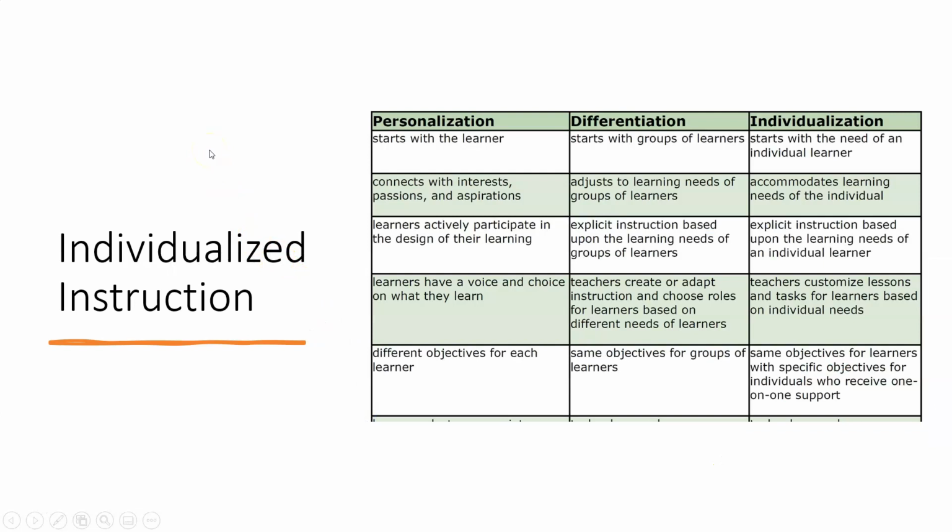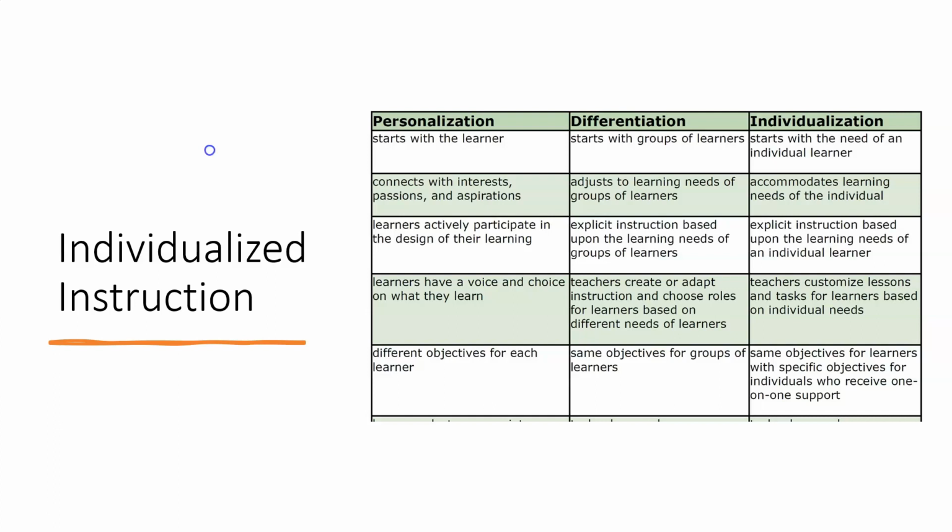Kathy McClaskey and Barbara Bray talk a lot about personalized learning, differentiated instruction, and individualization. Let's just take a few minutes to look at some similarities and differences. Individualized learning is similar to personalized learning in that both are centered around the learner.